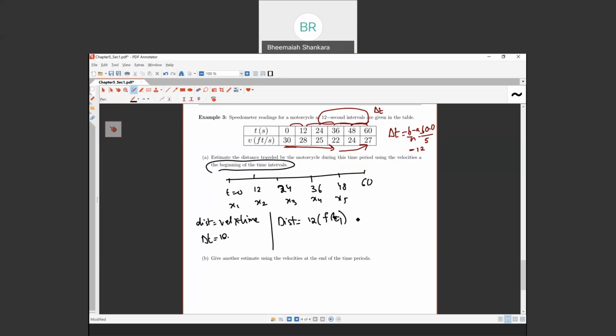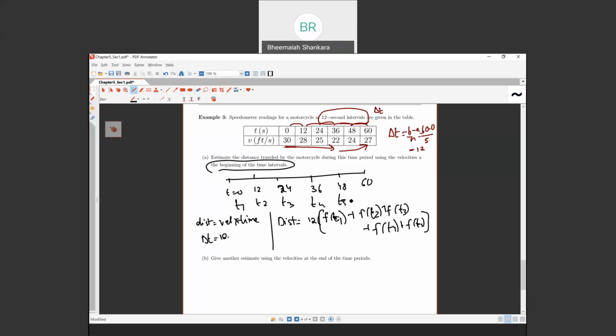And then you can sum up these values, f of t2, f of t3, f of t4, and f of t5. Just to have these consistencies, you can rename this. This is the t-axis. You can rename it as t values rather than the x sub values.